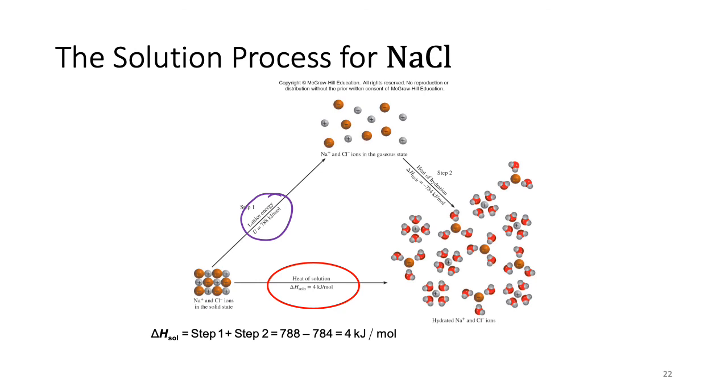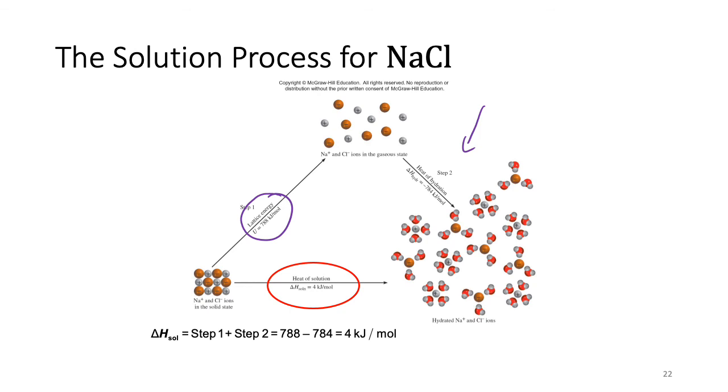But my first step is to completely break down my salt. As you can expect, because I am breaking bonds, that step is going to be endothermic, which means I require energy to break those bonds. Then my second step is going to be, okay, now that I broke down my salt, I have to go in and have them mix with water. So that is going to be called my heat of hydration. Usually heats of hydration are going to be exothermic because I am making new bonds.